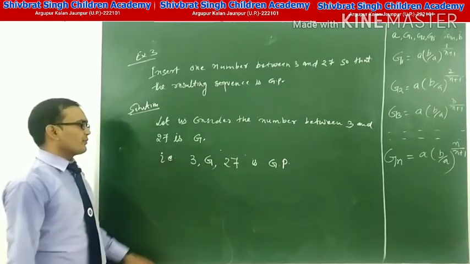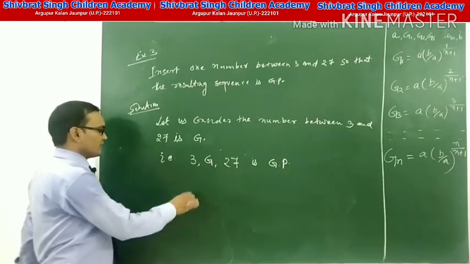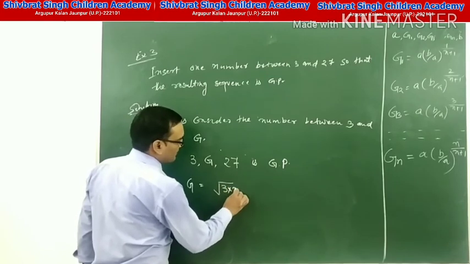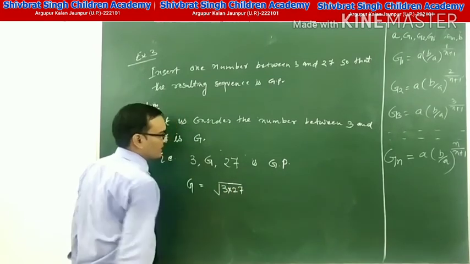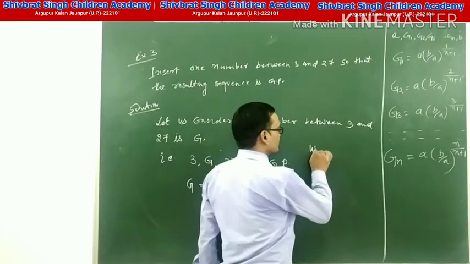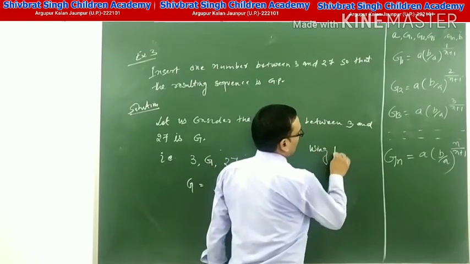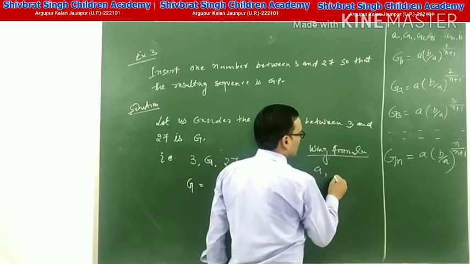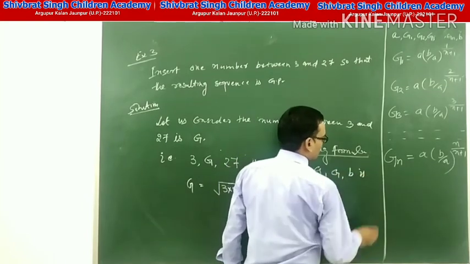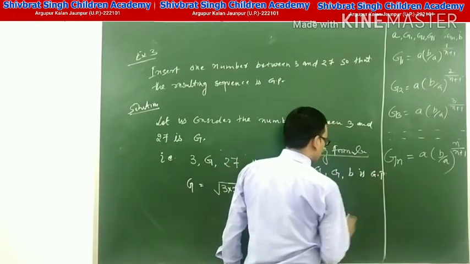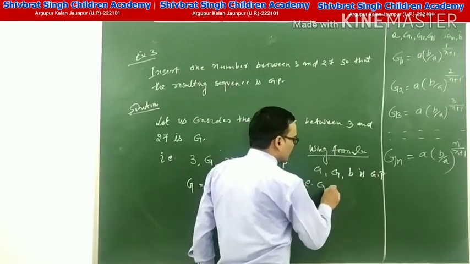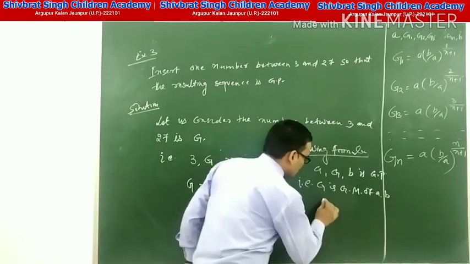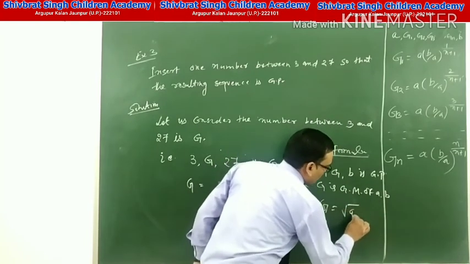Then we can find the value of G equals square root of 3 multiply 27, using the formula: if a, G, b is a GP, that means G is the geometric mean of a and b, G equals square root of ab.